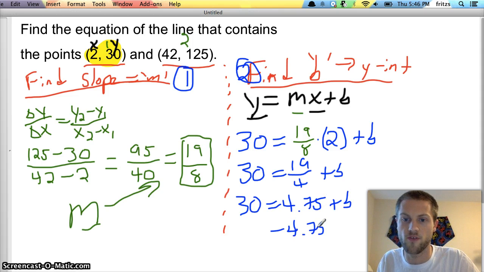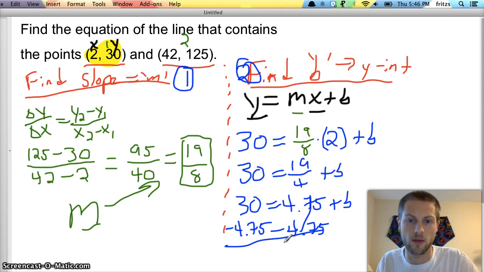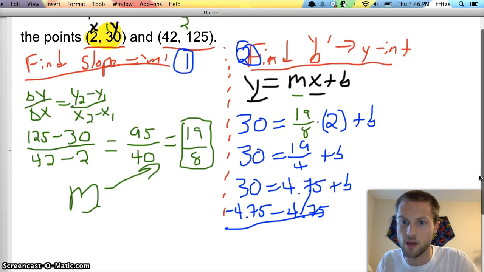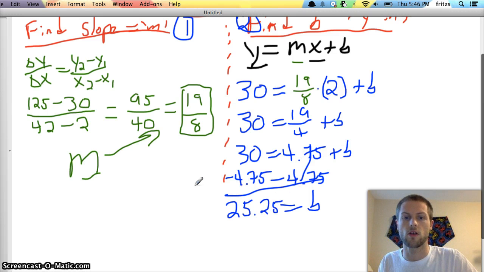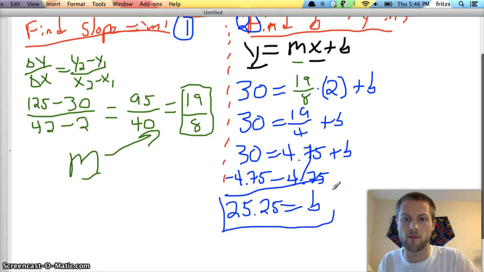Subtract 4.75 from both sides. That goes away, and I'm going to get my b, that's going to equal 25.25. I think that's what I'm getting there. So now I have my b and I have my m.